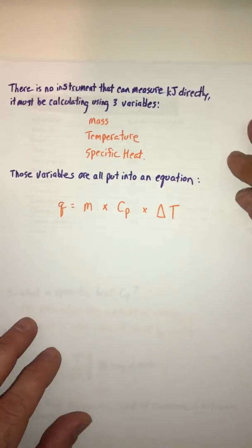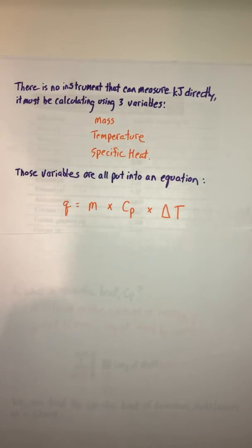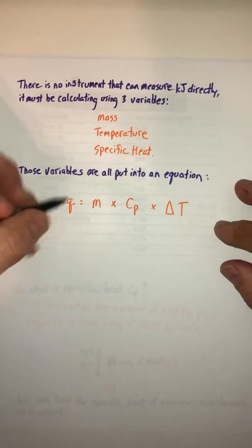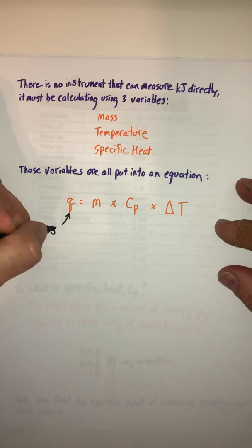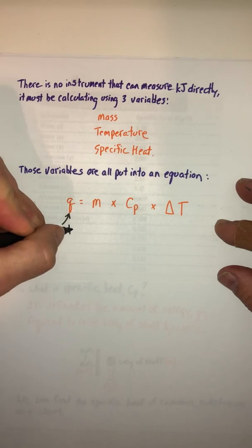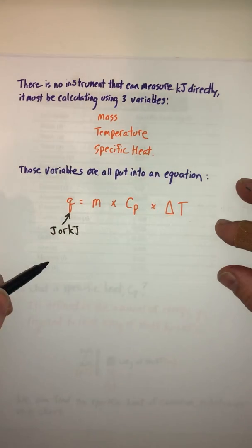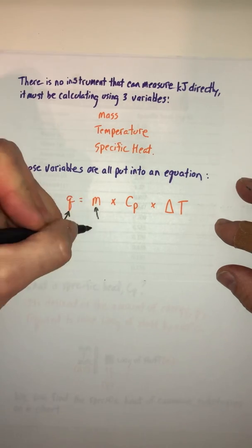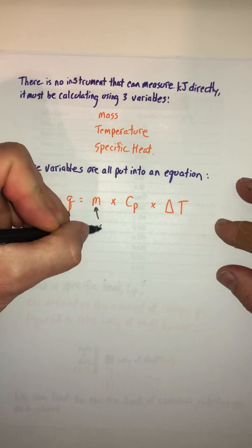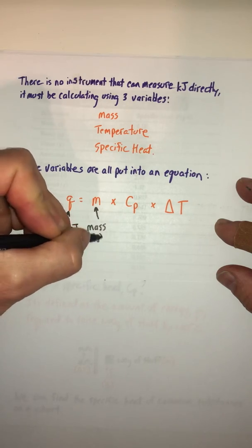And here's what the equation looks like. So the letter Q, which is lowercase, that is our value in joules or kilojoules. Remember, kilojoules is just 1,000 joules. M should be familiar. This is our mass, which we measure in grams.